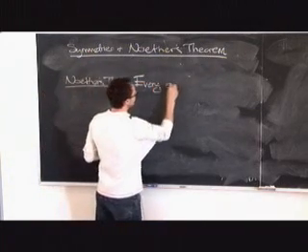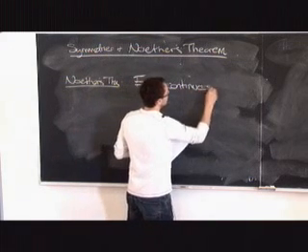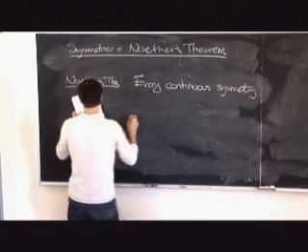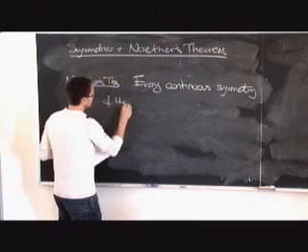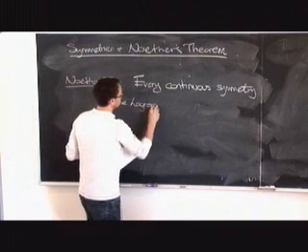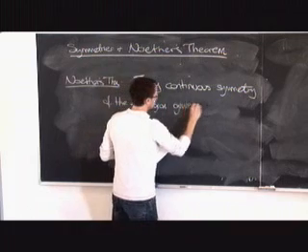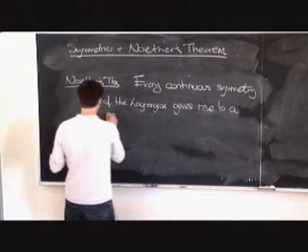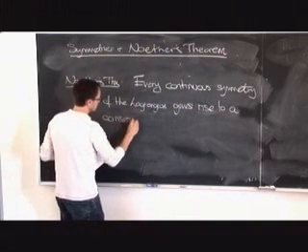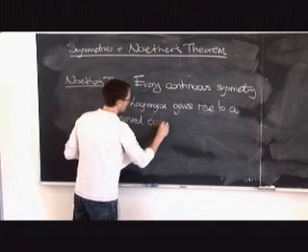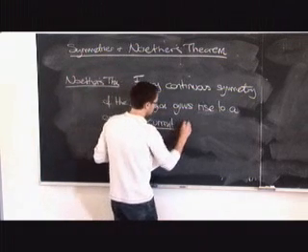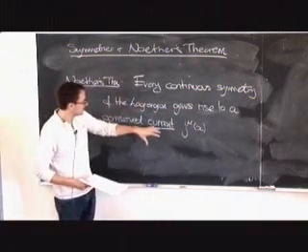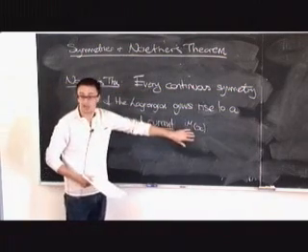It's that every continuous symmetry of the Lagrangian gives rise to a conserved current. In particle mechanics, this would be a conserved quantity. Here it's slightly different: it's a conserved current.